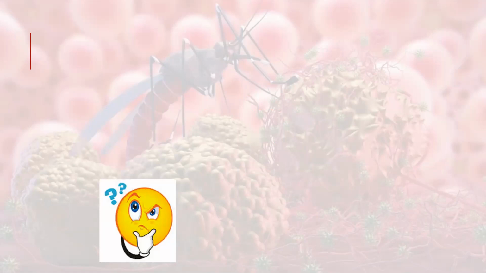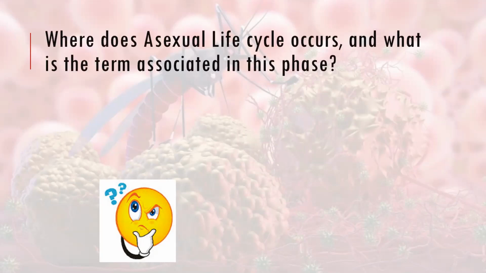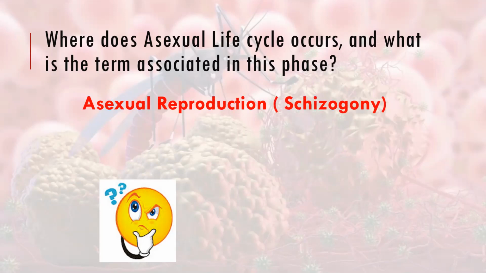Now, where does the asexual life cycle occur and what is the term associated with that phase? We said that there are two phases of the life cycle of malarial parasites, the asexual phase and the sexual phase. When we say asexual phase, it means schizogony.